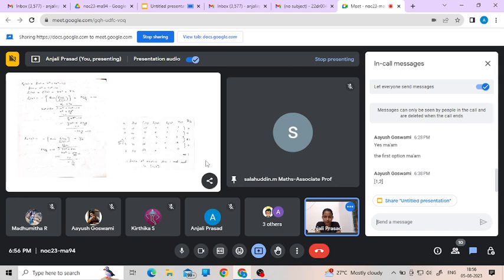Which option is correct? Tell me. Are both the statements correct?